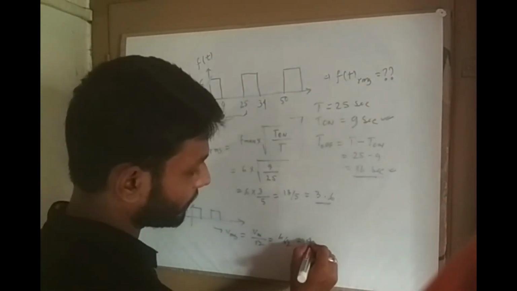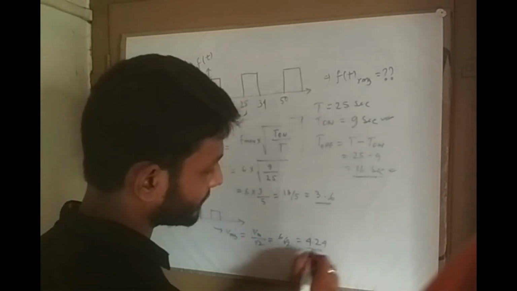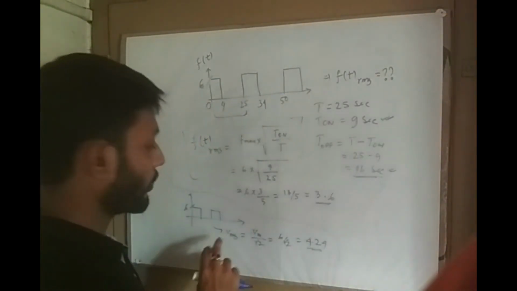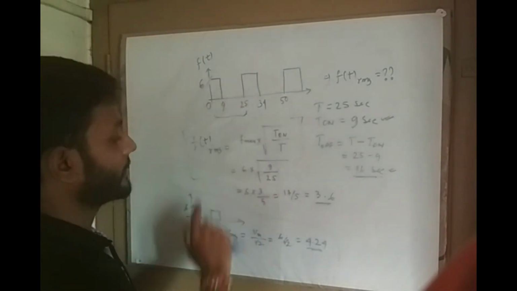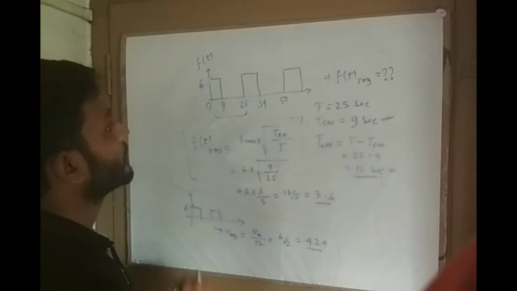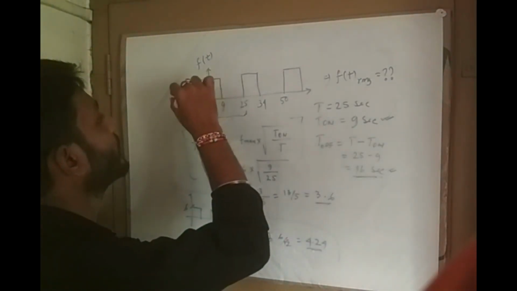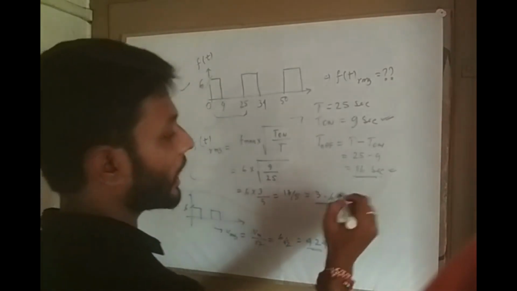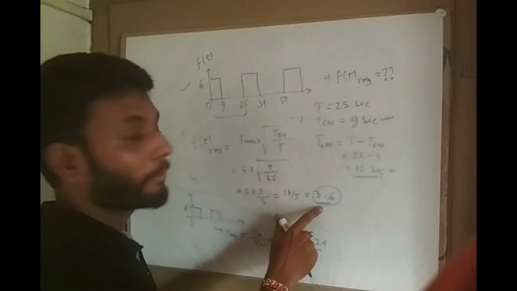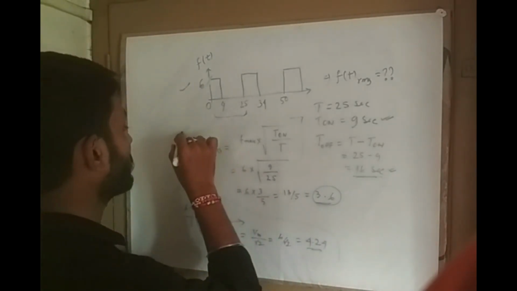It would be 4.24. So don't confuse between this and this signal. For the signal given in the problem, the answer will be 3.6, and you can solve this type of problem by this shortcut method.